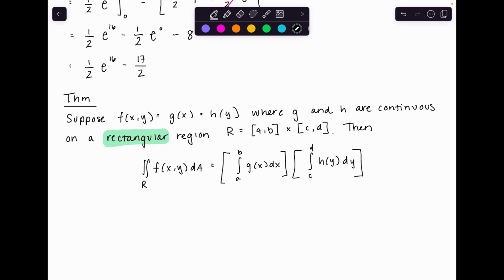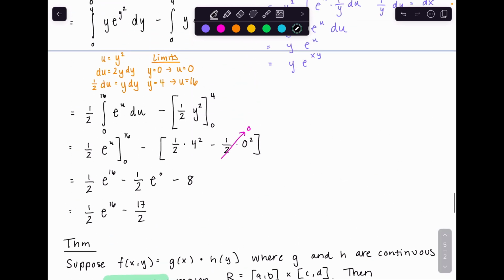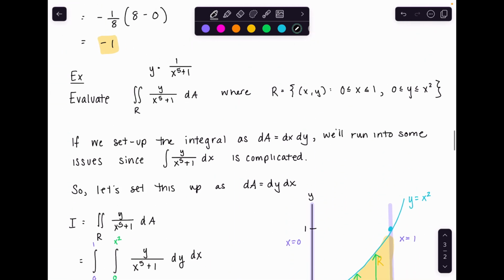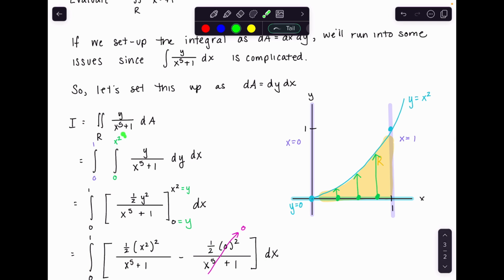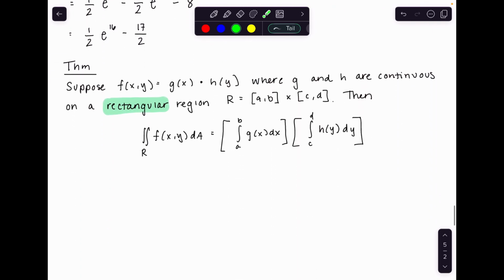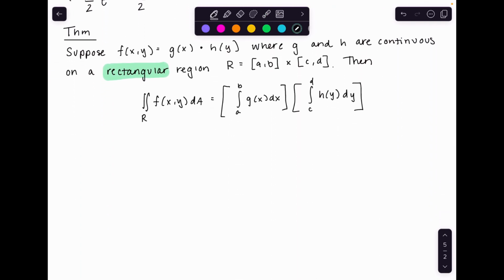But again, it only works if it's constant bounds, because back up here, even though I could separate the two, the problem is you can't separate the bounds because y depends on x, so it's not truly separable. So this only works with constants. So again, I can give you the proof, I'm going to try to, if it's not too long. And this one is nice.